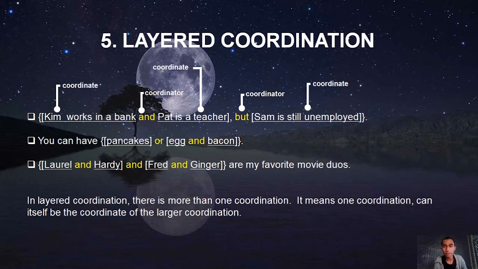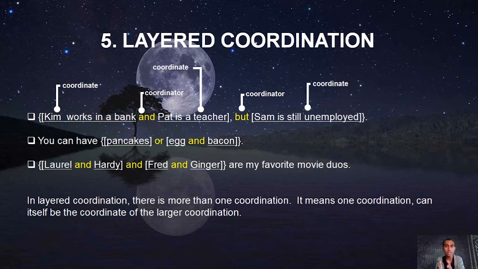Let's identify the first example. Kim works in a bank and Pat is the teacher, but Sam is still unemployed. It is the larger coordination. Kim works in a bank and Pat is a teacher is the lower level coordination, but it also functions as the coordinate of the larger coordination.